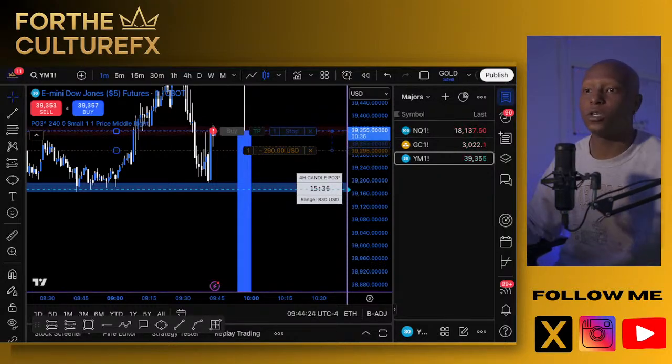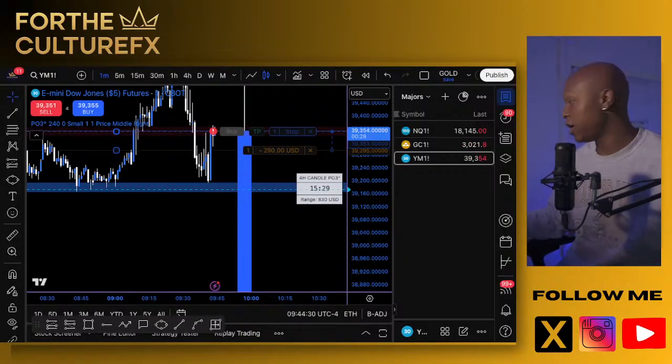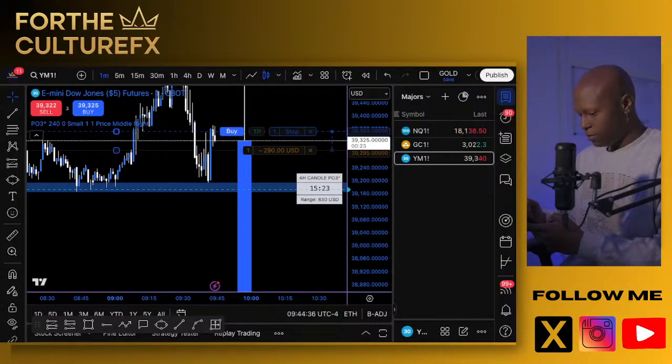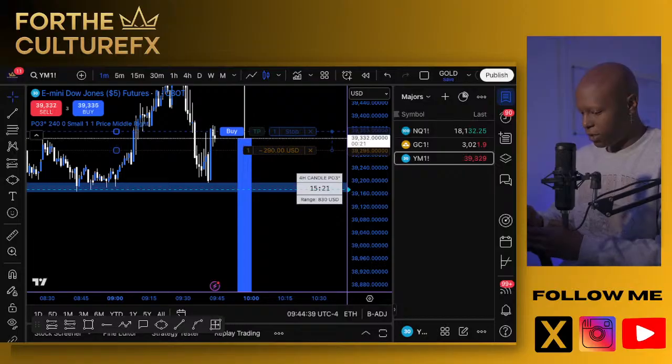We had our smaller time frame shift. Price created a high, created a steeper low, created a new high. Price comes down into my area of interest with my confirmation. That is exactly what I want to see to execute on, right? That's what I want to see.